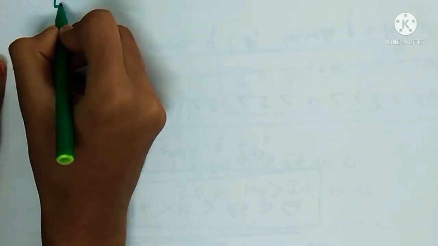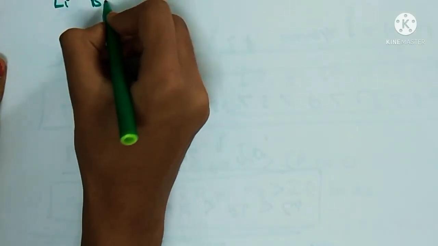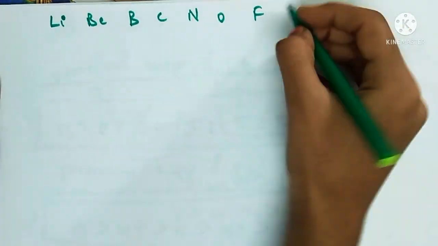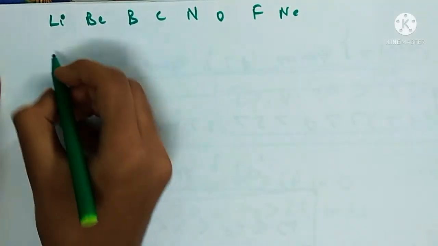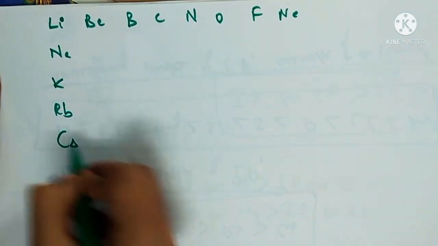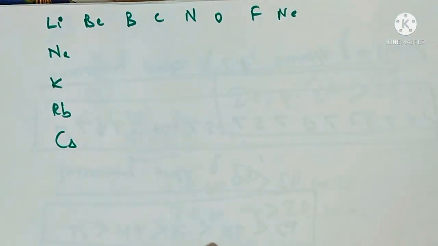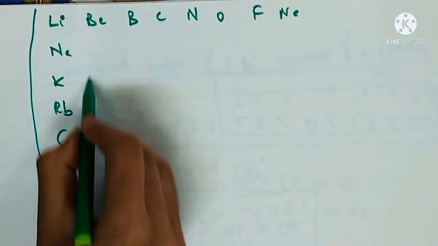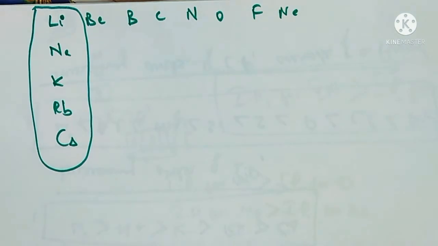And now we'll take a small example like lithium, beryllium, boron, carbon, nitrogen, oxygen, fluorine, neon. And down the group, the IP decreases and the atomic radius increases.